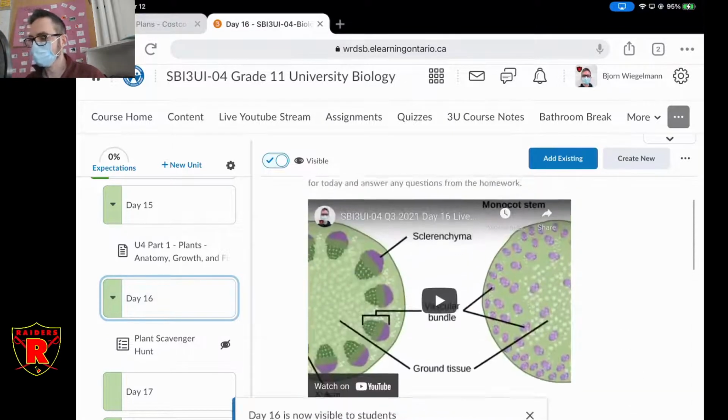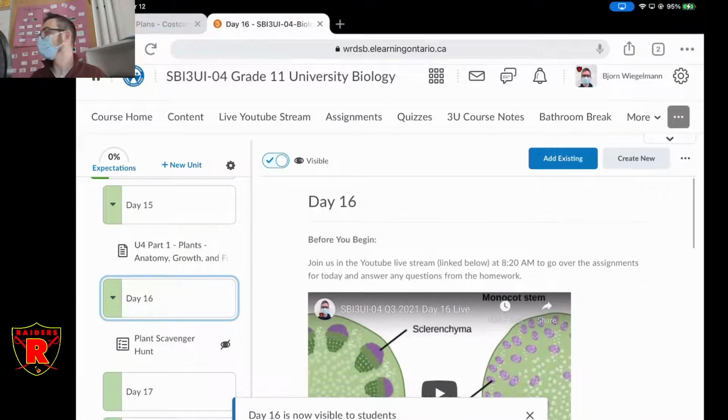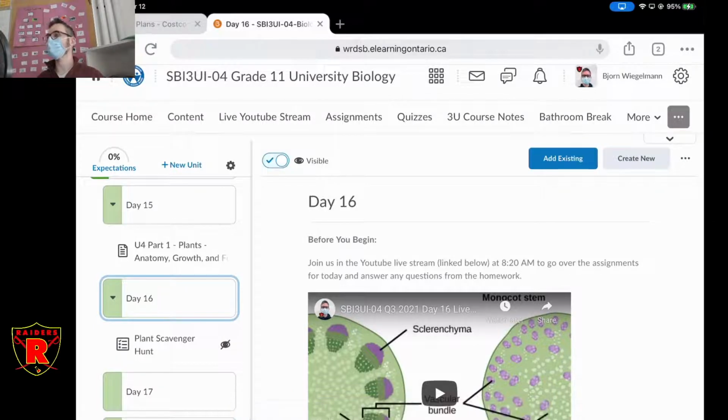Quick reminder, yesterday you were looking at just the basics, a basic overview of plants and the types of plants that are out there. So just in review very quickly here. The original plant-like offspring of probably protists were bryophytes, which are mosses.